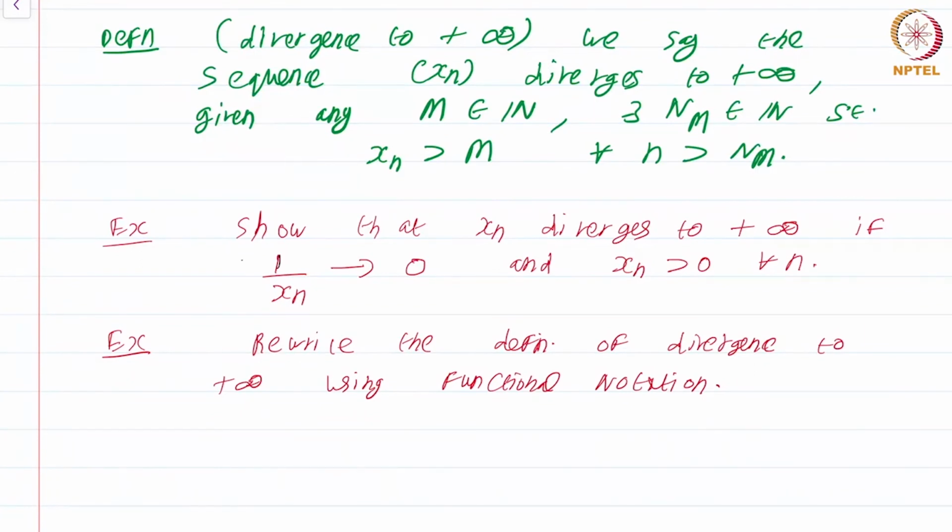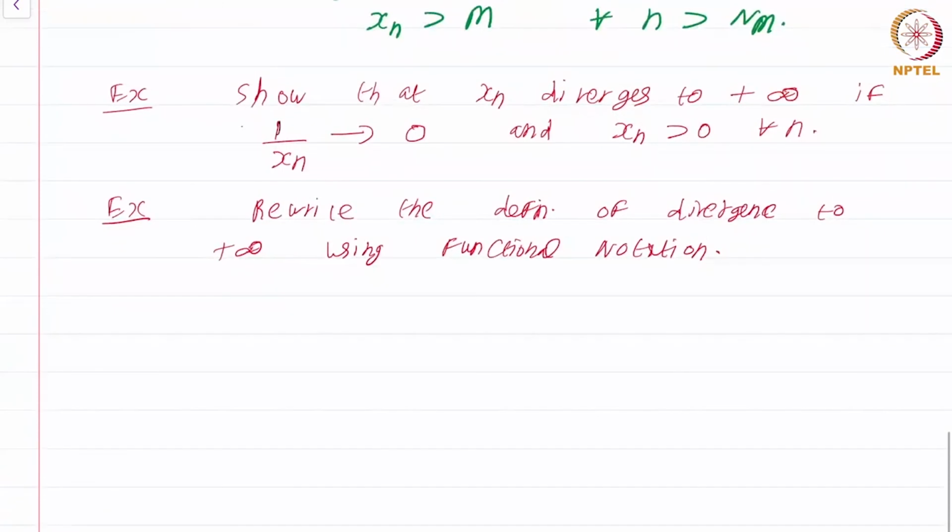Now, one final version of the definitions above. This definition that I am about to give, I will not expand upon it right away. We will see more about this in the chapter on topology. Let me first give a definition. This is the definition of open ball around a point.